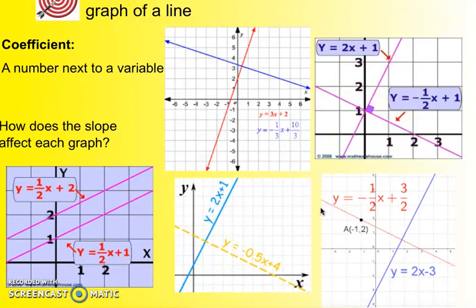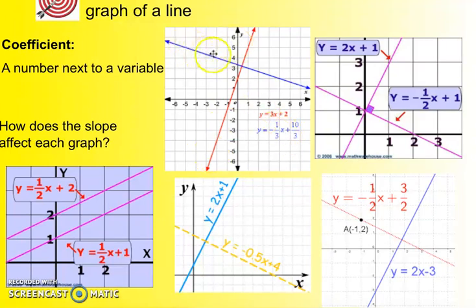This coefficient is a positive 3, and look at how steep that line is. I wouldn't want to walk up a mountain that steep. It would be really hard not to fall down the mountain because it's so steep.